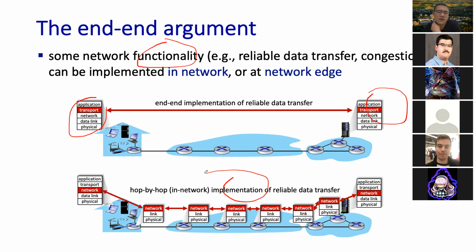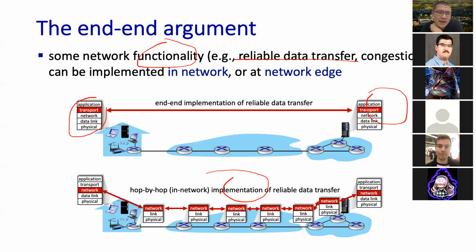It has different implementation strategies to realize some functionality. For example, as we mentioned, we can use the TCP protocol to guarantee reliable data transfer. Or we can do it through the network itself. We have different strategies to guarantee this reliable data transfer.